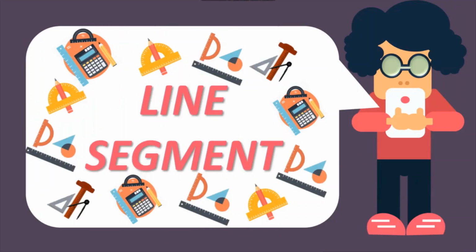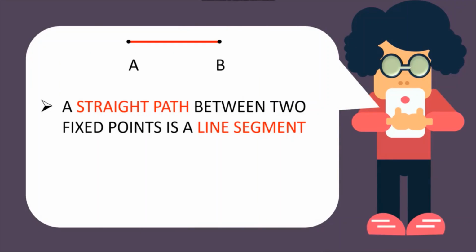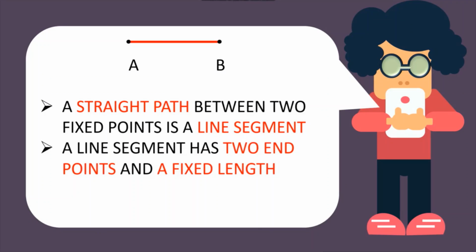Next is the line segment. A line segment is a straight path between two fixed points. Here the fixed points are A and B. Now it has two end points and a fixed length. Means you can measure the length of a line segment.